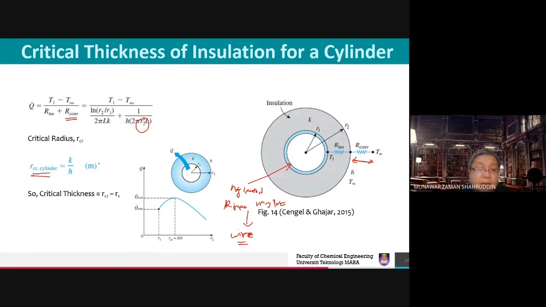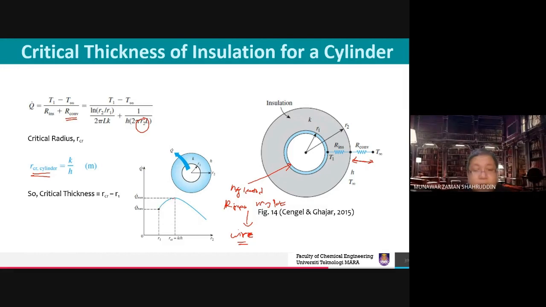Then in terms of operational, for the critical thickness ni ataupun critical radius ni, it is not good if you have a big radius of insulation because of that factor tadi tu yang I've mentioned just now lah. Mula tu you insulate, okay lah, dia punya Q tu meningkat.